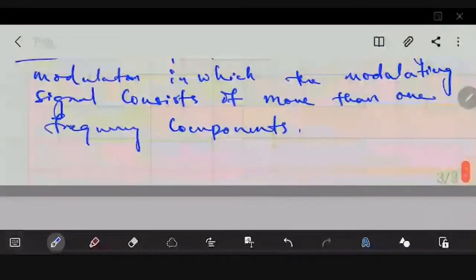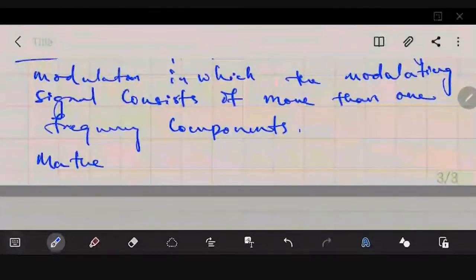Okay, so the mathematical expression for this, let me just show you.